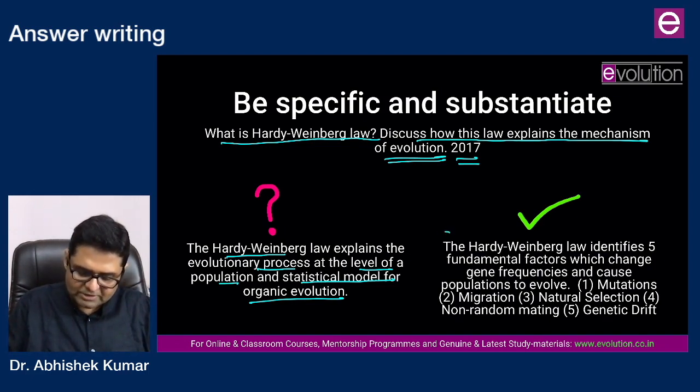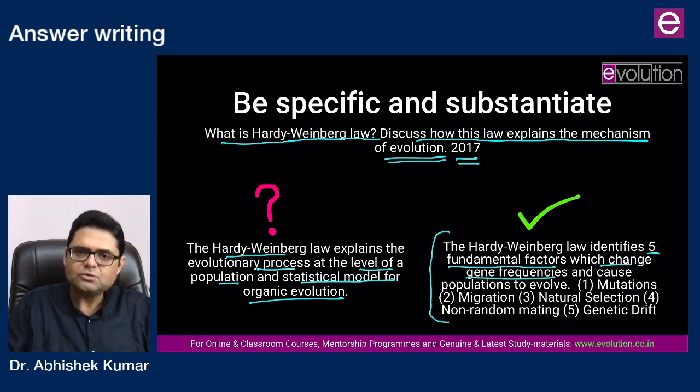See a more specific answer, a more specific statement. It is not the entire answer. The Hardy-Weinberg law identifies 5 fundamental factors which change gene frequencies. So what do these factors do? They change gene frequencies and cause populations to evolve.